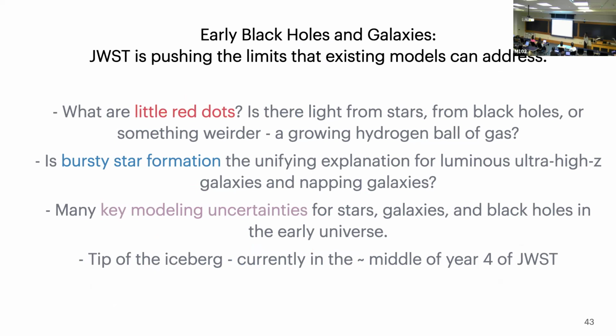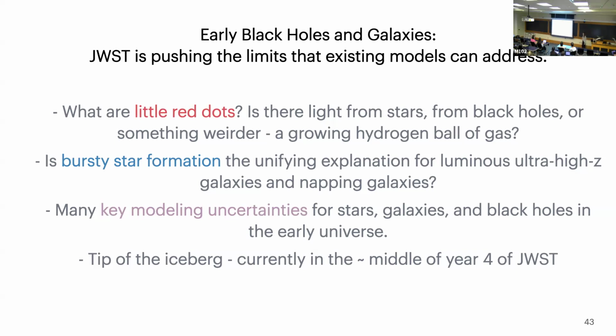Okay, so let me just finish with a bit of summary. I think we're about at time. My expertise is really in the modeling part, and the Webb space telescope is very exciting from this perspective because it's pushing the limits of what all the existing models can address. Those are a few of the important questions I've been wondering about. So what are little red dots? Is their light from stars, from black holes, or something like a glowing hydrogen ball of gas?